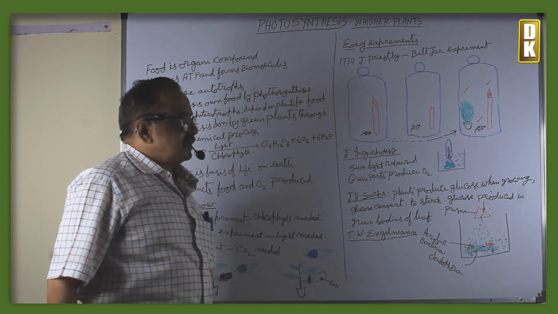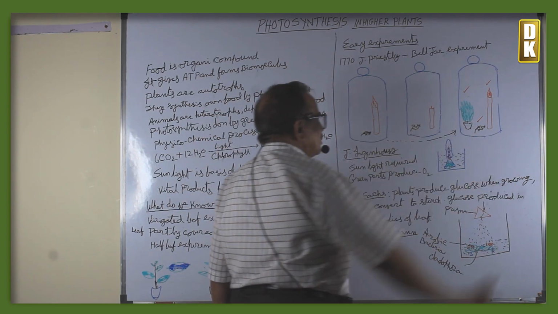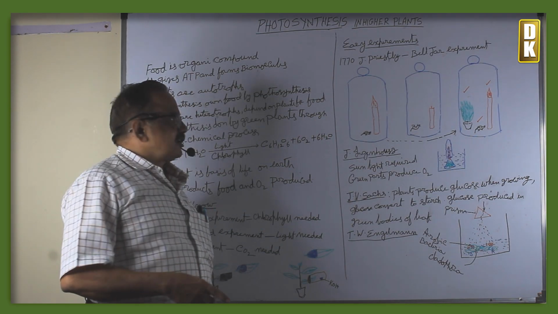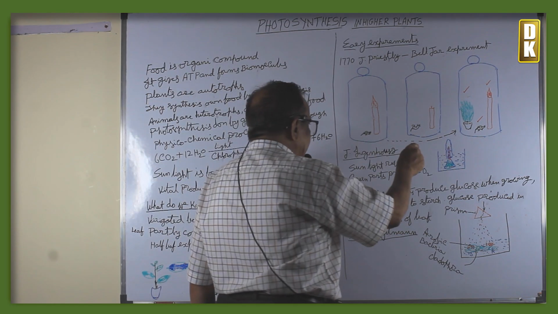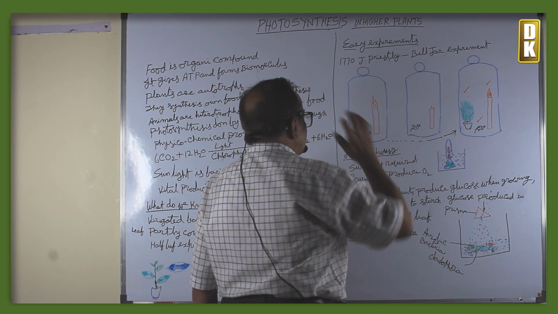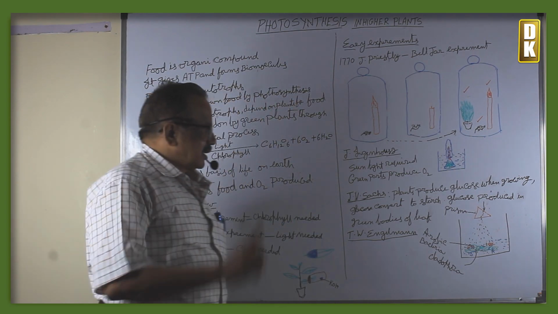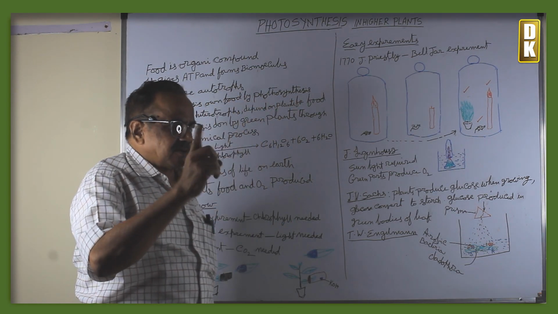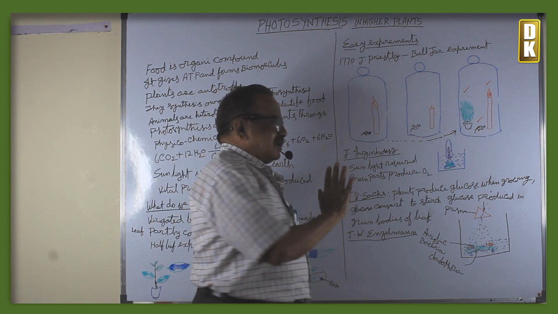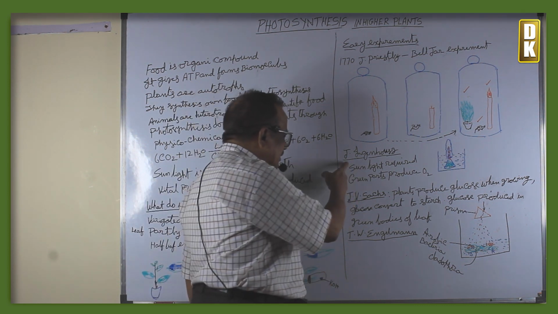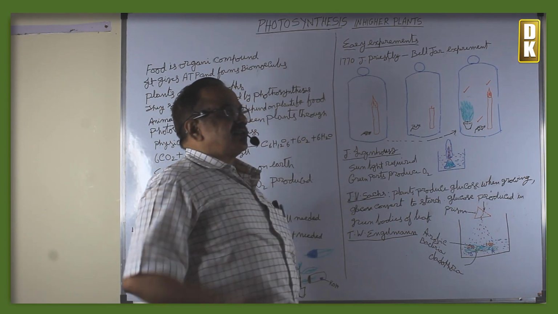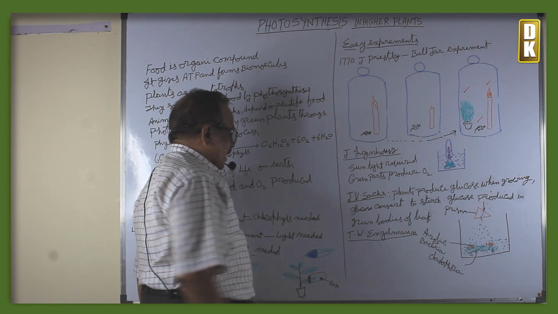He concluded that sunlight is required to restore the air used by the mouse and the burning candle. That is the first conclusion, remember it. He did not mention oxygen because he conducted this experiment before 1774. At that time they did not know, because oxygen was discovered by Priestley only in 1774.